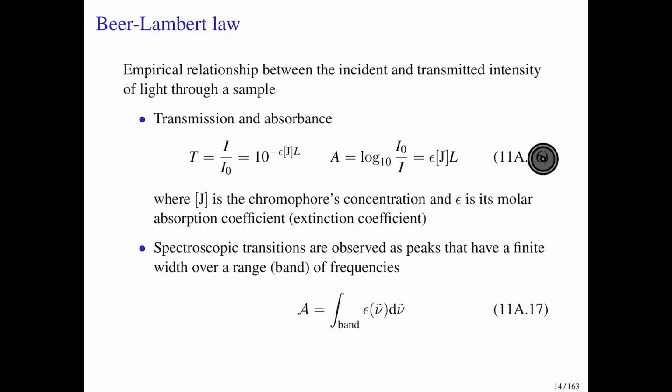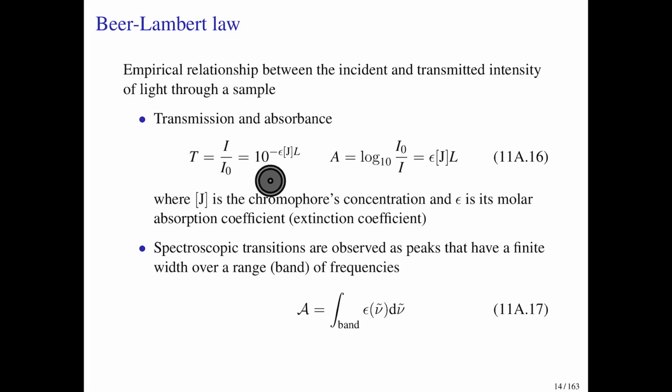The next topic here is an interesting topic. It's more experimental, the way it's cast here. The Beer-Lambert law is an empirical relationship between the incident light and the transmitted light through a sample. So here, the transmission is defined as the ratio of the transmitted intensity divided by the incident intensity.